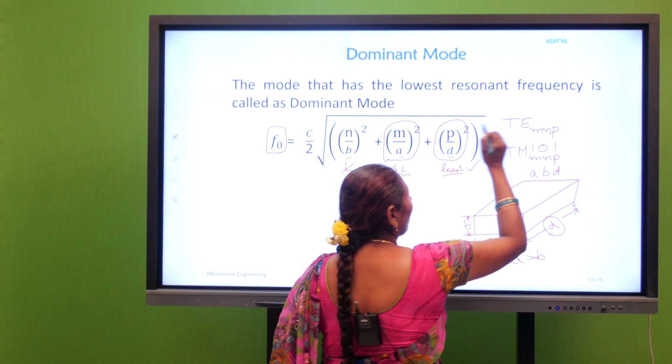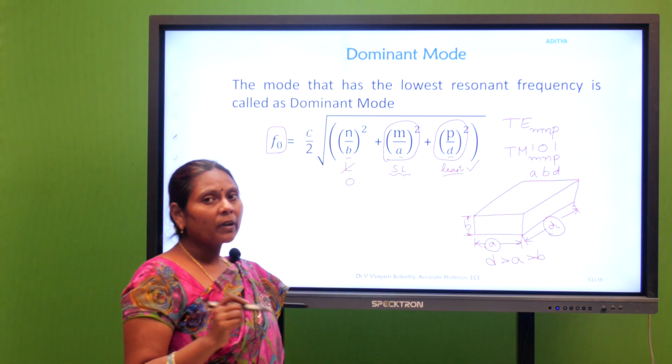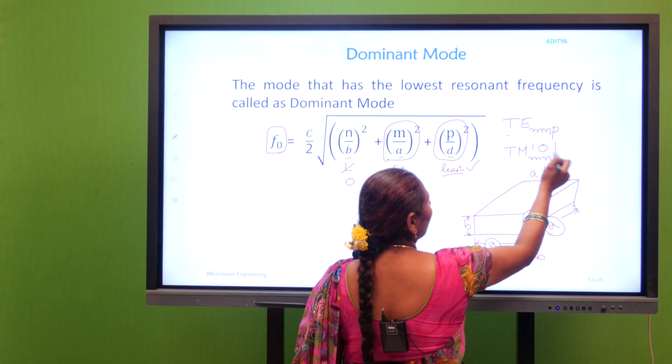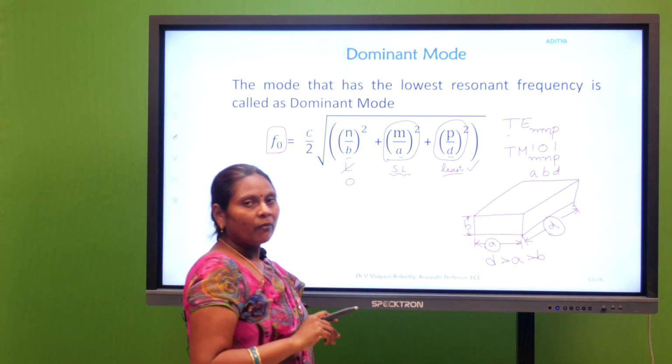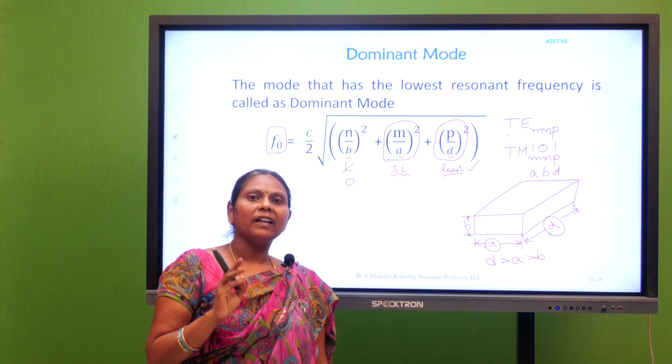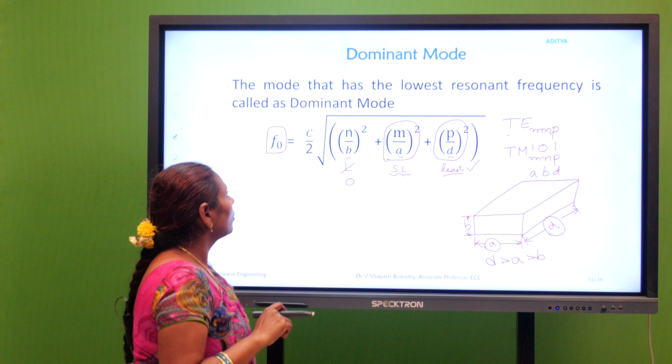So, we can find what is the dominant mode propagating through the rectangular cavity. That means it should be either TE101 or TM101 that is the dominant mode propagating through the rectangular cavity resonator.